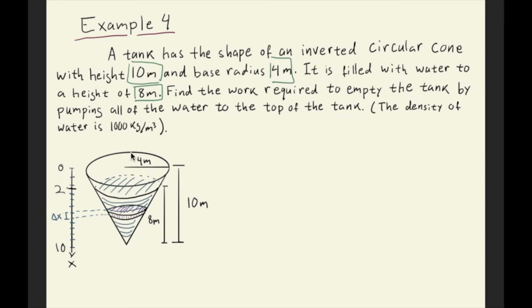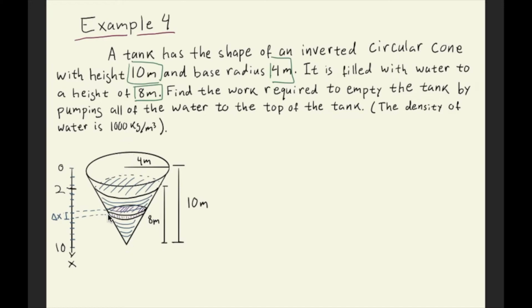So 0 to 10 is the whole cone. For example, if you're right at the top, then you only need to travel a distance of 2 to leave the cone. While if you're in the middle here, you have a different distance to travel. And if you're all the way down, this particle of water right at the tip here, you need to travel 10 meters all the way up to the top, right?